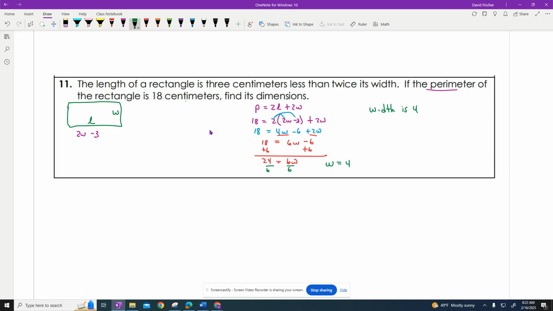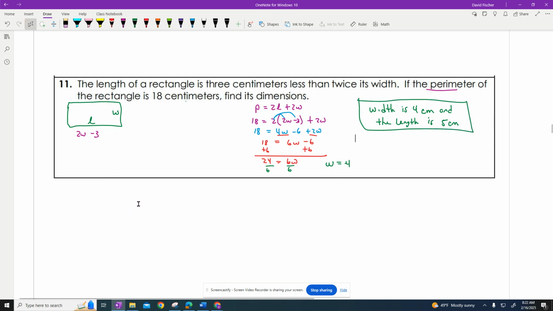Oh, we went to centimeters, so the abbreviation for centimeters is cm. You probably already knew that. And the length is, let's put the 4 over, that'd be 8, take away 3, 5 centimeters. Okay. Did you do good?